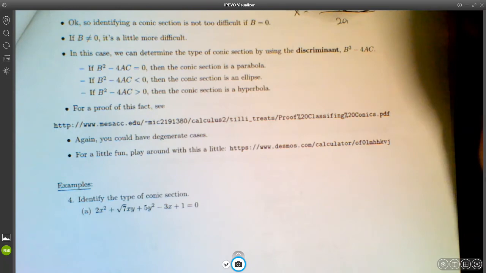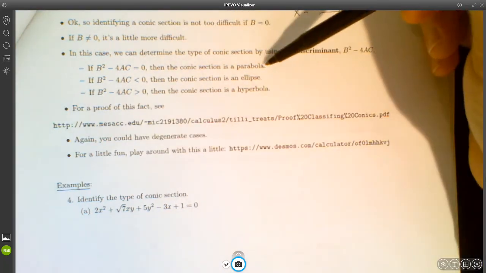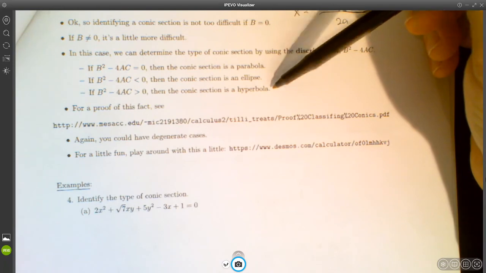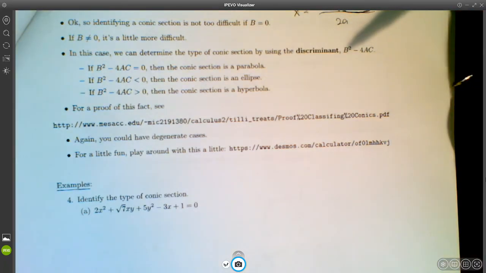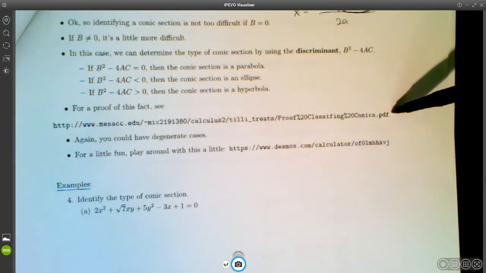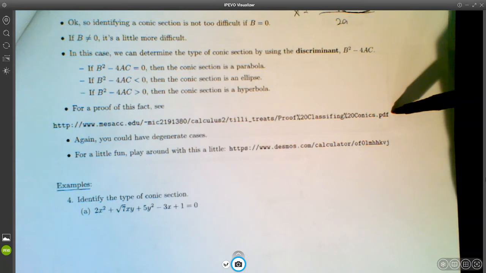If the discriminant is 0, then the conic section is a parabola. If it's negative, then the conic section is an ellipse. And if it's positive, then the conic section is a hyperbola. Now, I'm not going to prove this result to you, but here's a link to a proof of this fact if you're interested. So you can click on this link and follow along with the proof if you want.